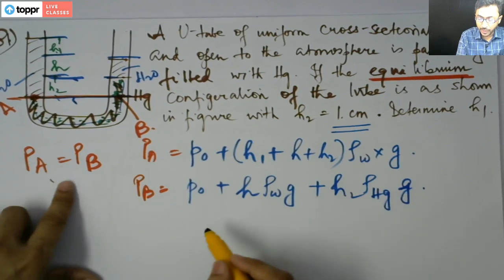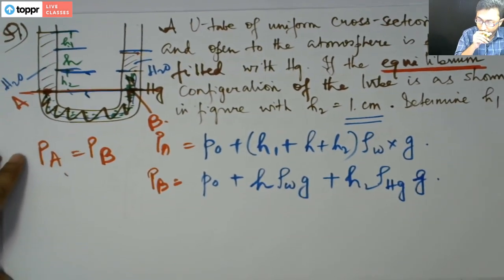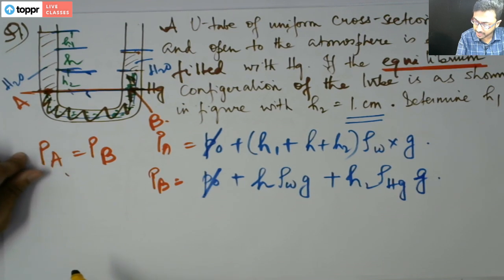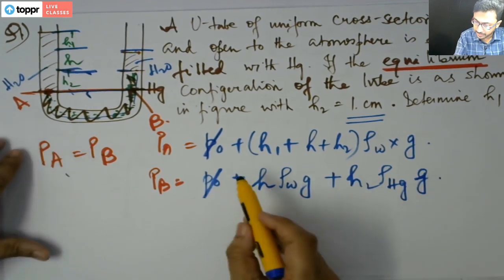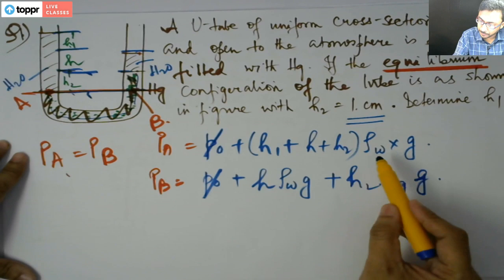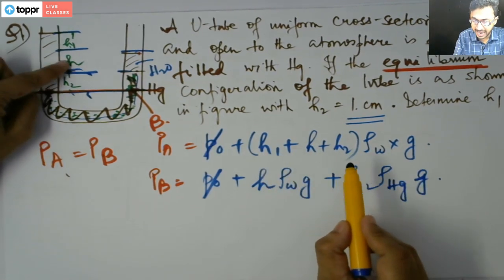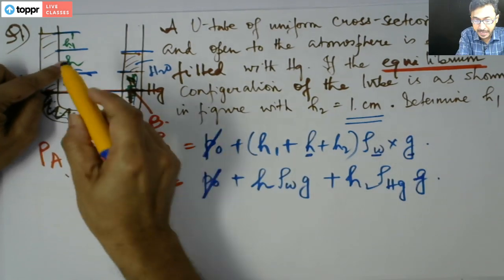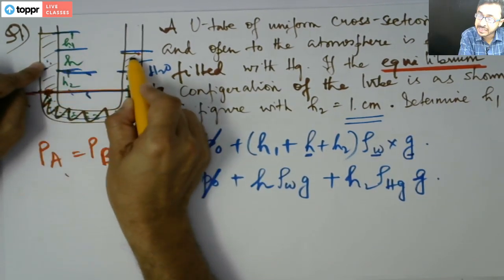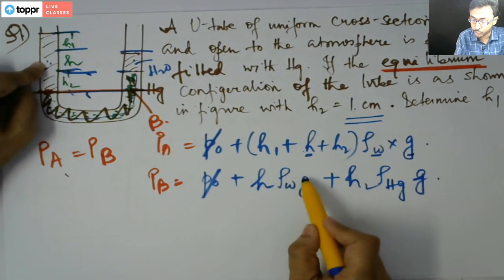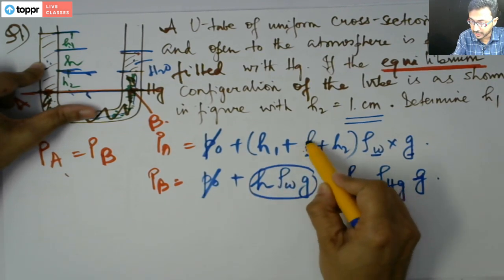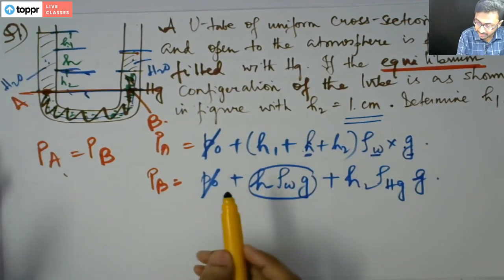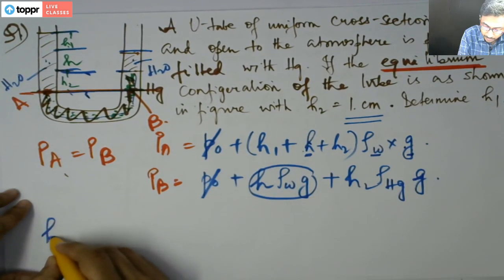Now if you equate it, you will see obviously this P0 cancels out, and H rho Wg is equal in both, so H rho Wg will cancel out from both sides. So in the left hand side, what will remain?